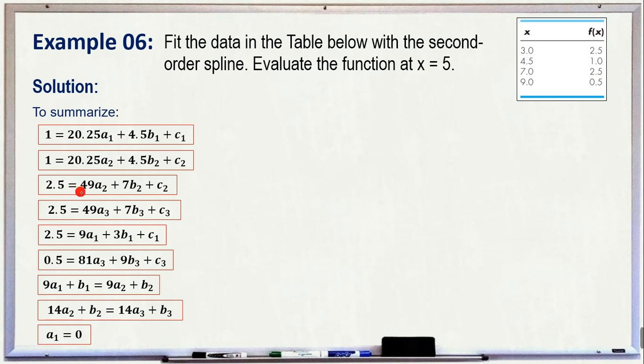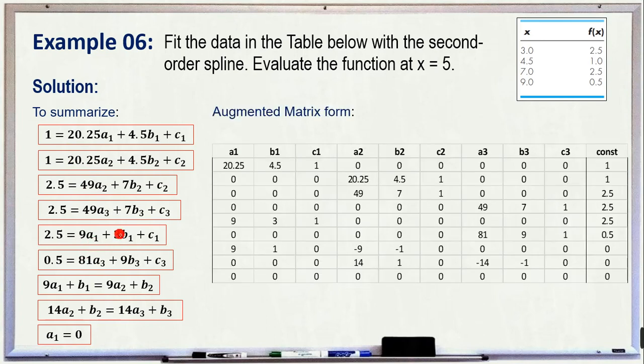Next step is we are going to convert this into an augmented matrix wherein we're going to list the coefficients for A1, B1, C1, A2, B2, C2, and A3, B3, C3, and lastly for the constant. So you have to arrange each of these 9 equations.